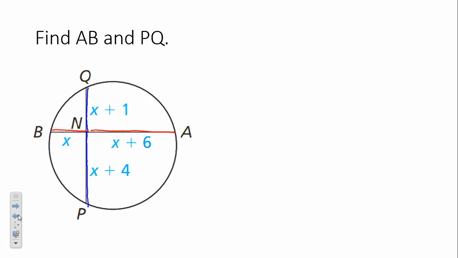So based on what we just saw, what's my equation going to say? x times x plus 6 will be equal to x plus 1 times x plus 4. Okay? Everybody have that?